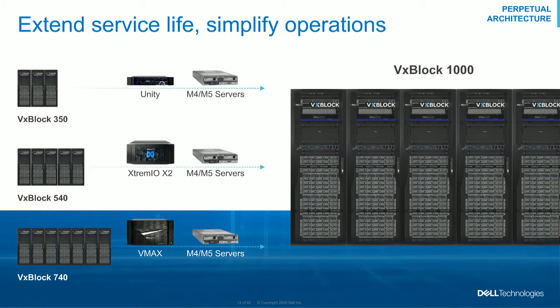When you look at VBlock and VxBlock 540 customers, you have the ability to take XtremIO X2 along with those M4 and M5 servers. And then our larger VxBlock 740 system customers that have VMAX and M4, M5 servers can extend the useful life of those existing assets around Unity, XtremIO X2, VMAX, VMAX All Flash, along with the M4 and M5 servers by rolling them into a VxBlock 1000.